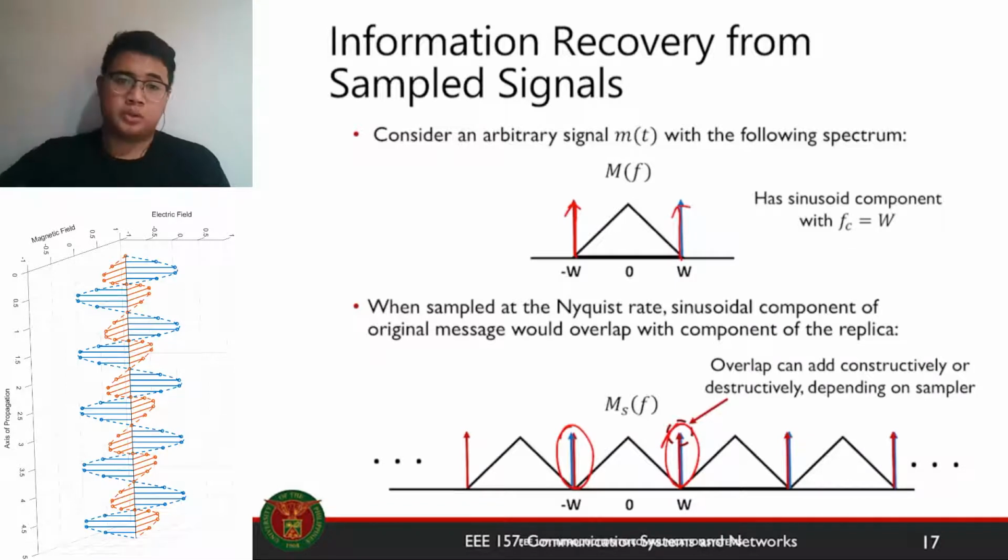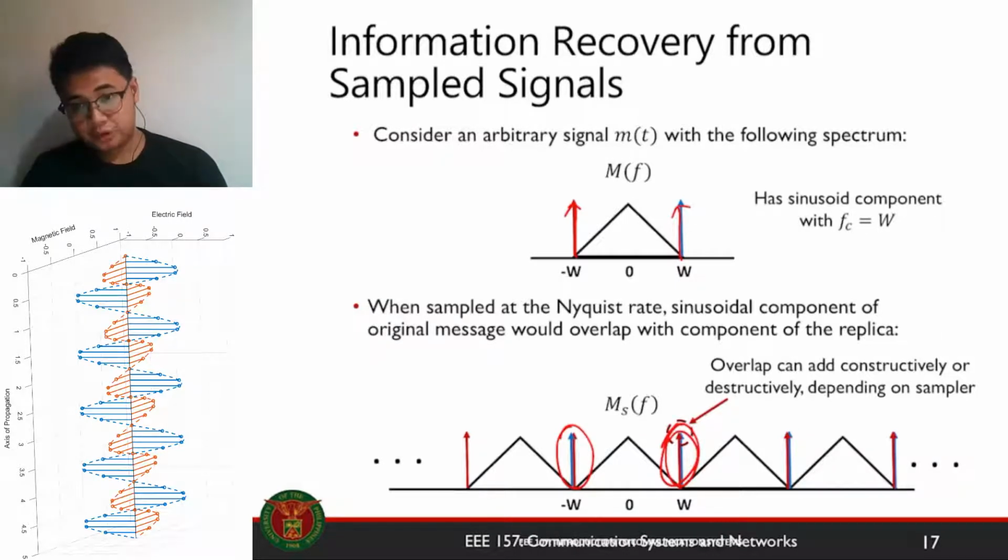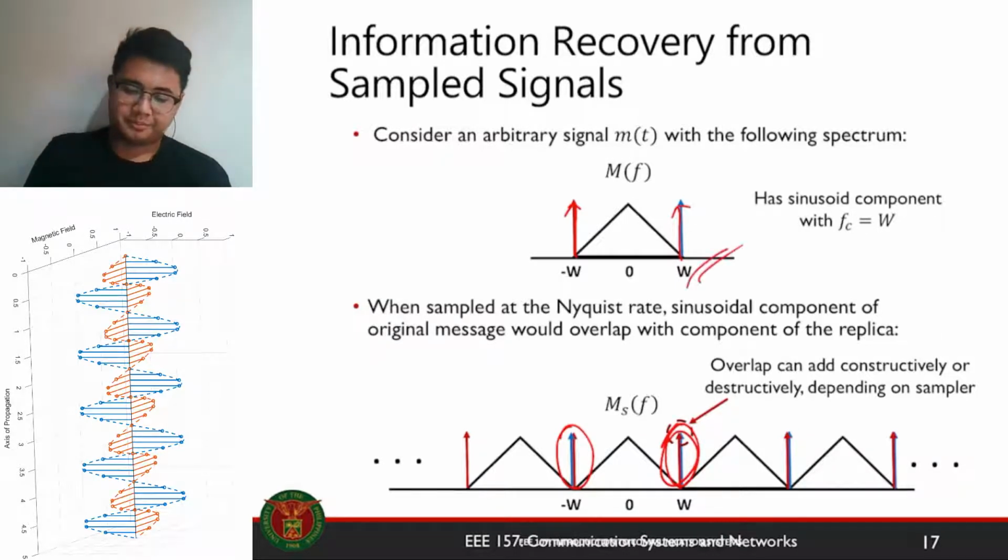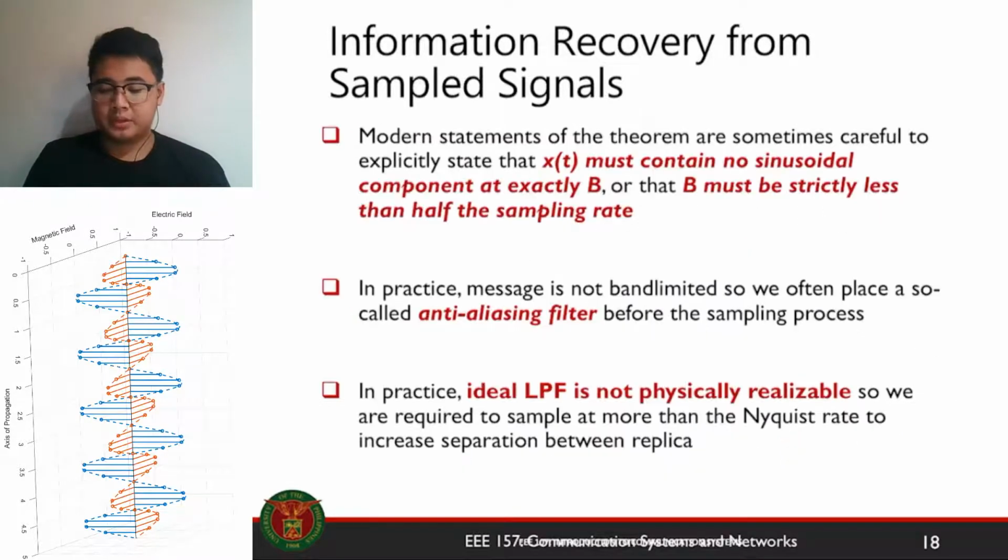This addition could be constructive or destructive depending on your sampling, but the bottom line is that you won't be able to recover your original signal. So, some notes about that. In the modern revisions of the Nyquist sampling theorem, x of t must contain no sinusoidal component exactly at B, or B must be strictly less than half the sampling rate.